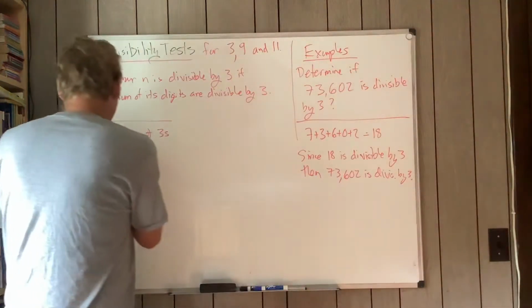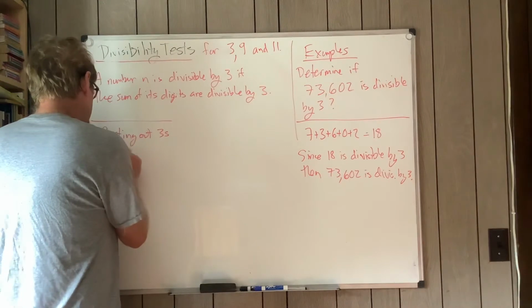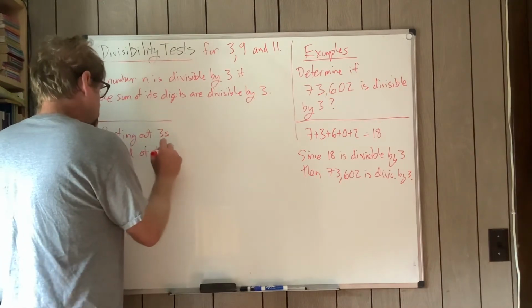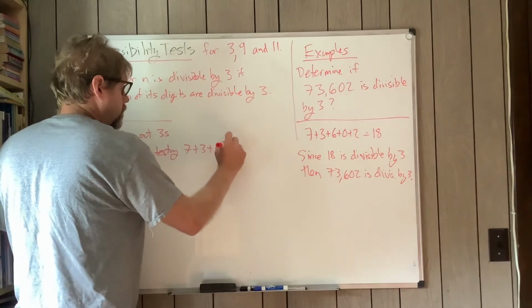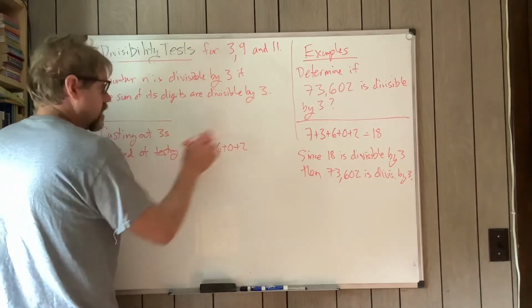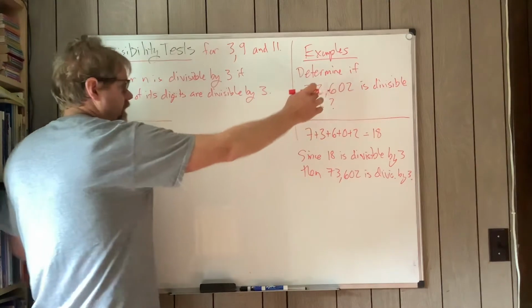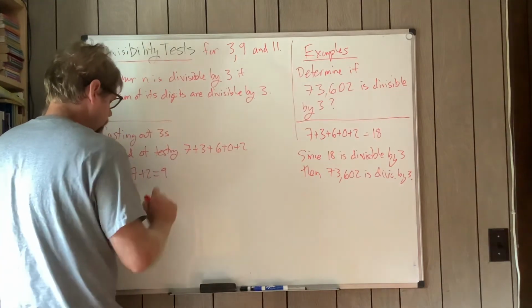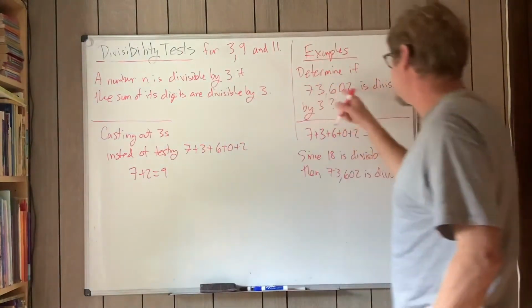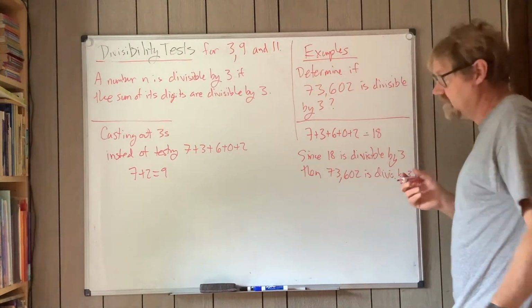So instead of testing 7 plus 3 plus 6 plus 0 plus 2, 3 is a multiple of 3 and 6 is a multiple of 3. All I'm going to do is the last two, 7 plus 2, which is 9.